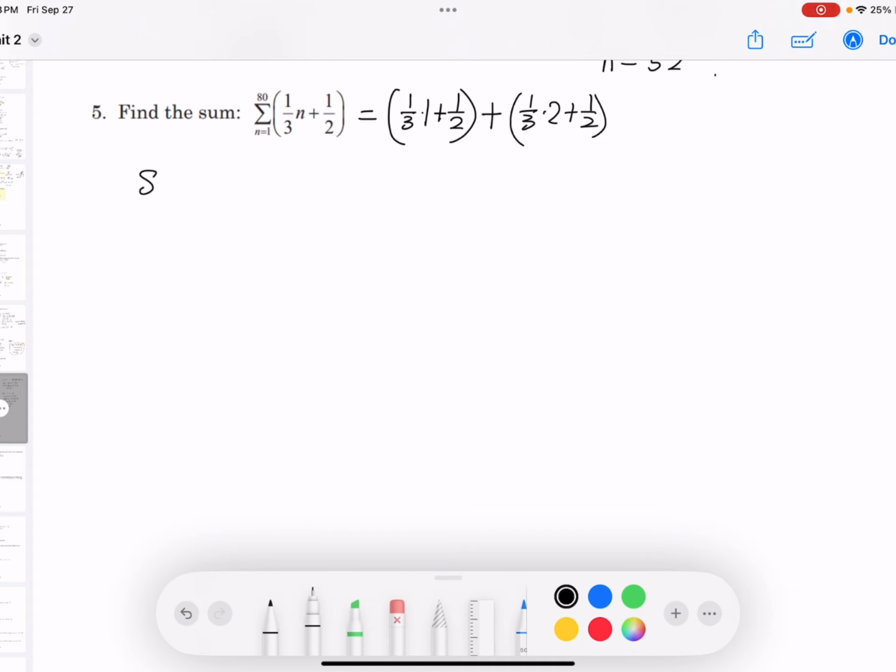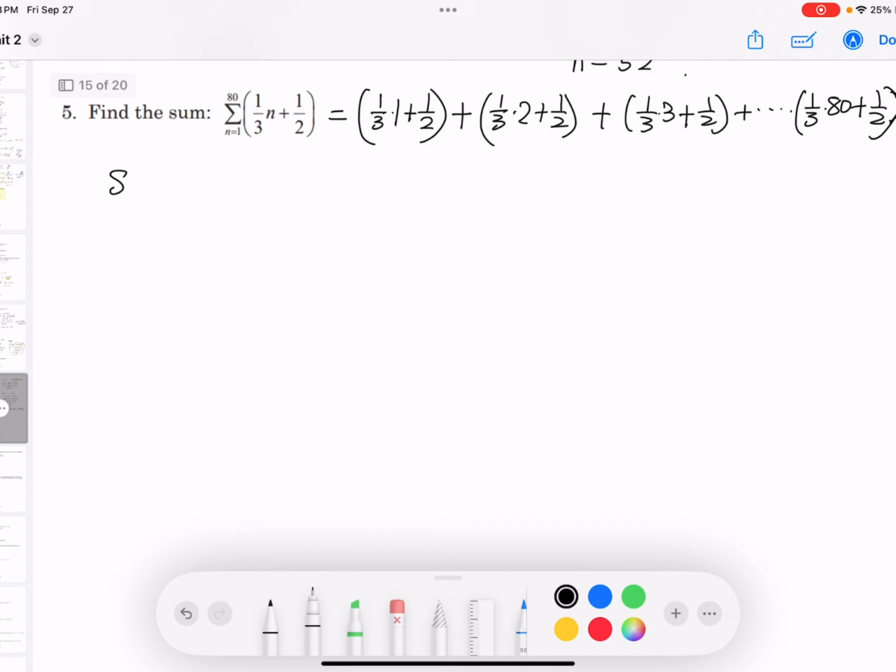And then 1/3 times 3 plus 1/2, until I found the 80th term, 1/3 times 80 plus 1/2. So we want to find the sum of my sequence from n equals 1 to n equals 80.